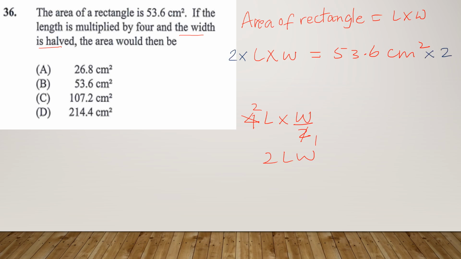So we're multiplying 53.6 by 2. So that's barely 100 and something. So we don't have to do any more calculation. It's C. But if you put it into your calculator, because you remember in paper 1 you're not allowed to use a calculator, you would get 107.2. But knowing 53.6 times 2, it's going to be in that range, and the closest value in the range is 107.2.